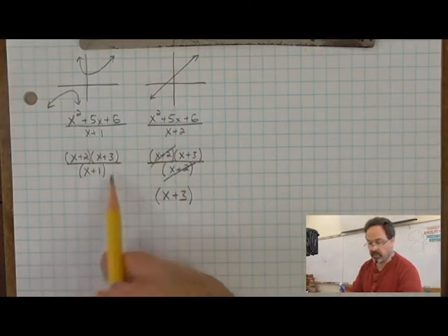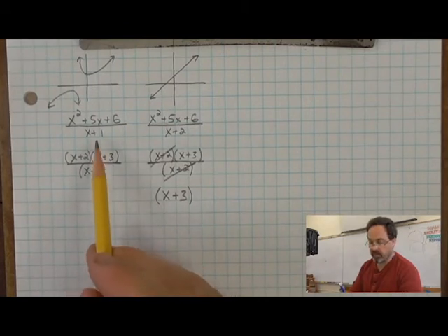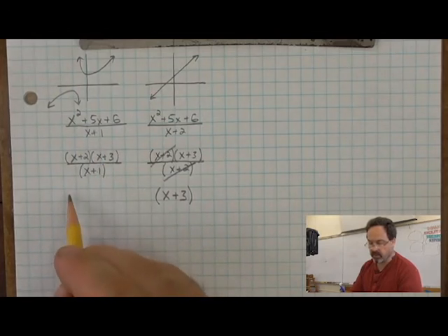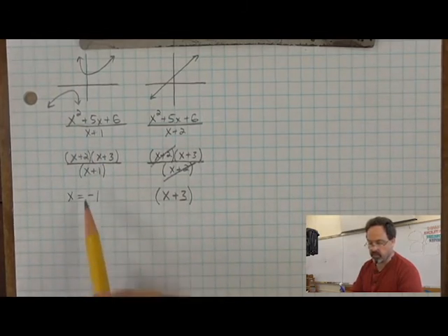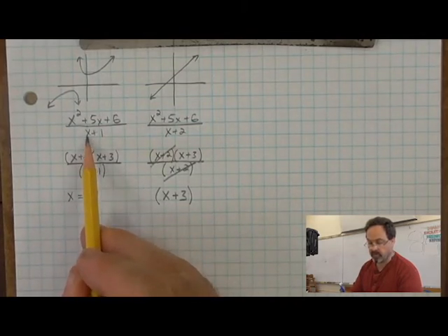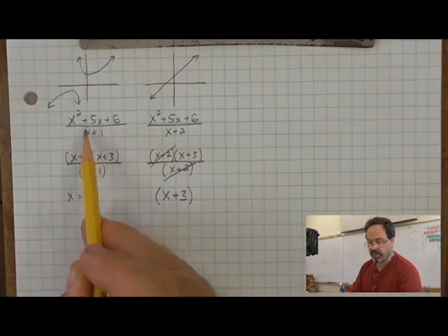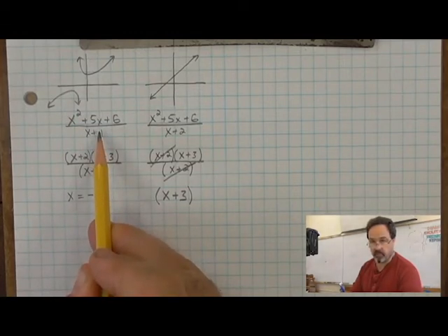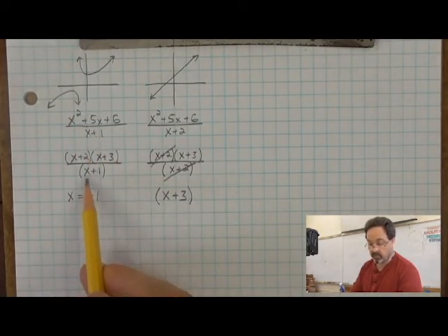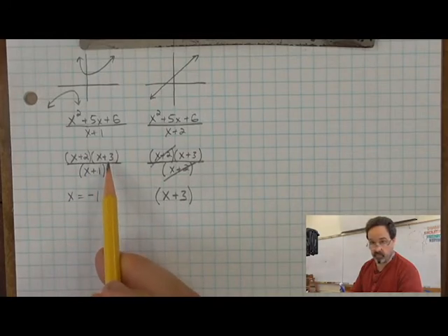In the original that didn't get simplified, we didn't cancel out a common factor, we still have a problem that we've always had all along. If I were to put -1 into the function, if I replace x with -1, in the denominator I'm going to get a -1 plus a +1, which means that the denominator will be 0. The denominator is still 0, even if it's in factored form.